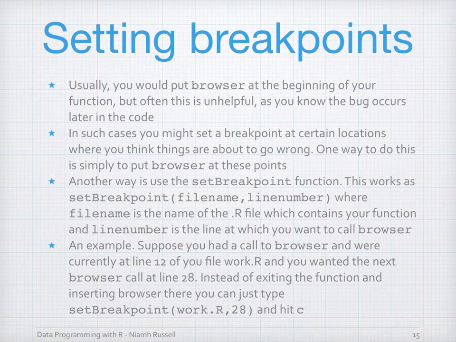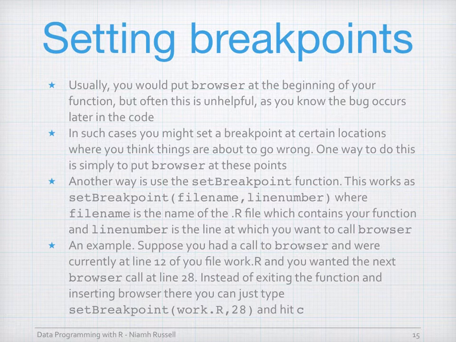And say you were happy with all the lines up until line 28 of your file. So what you could do, for instance, is type n every time from line 13, 14, 15 and so on down until line 28, because if you remember, within browser, n moves you on to the next line.